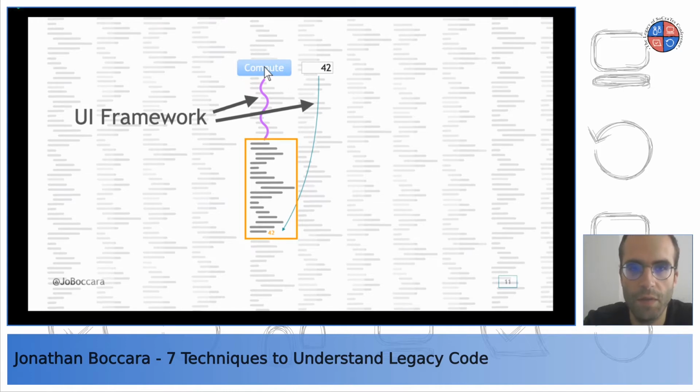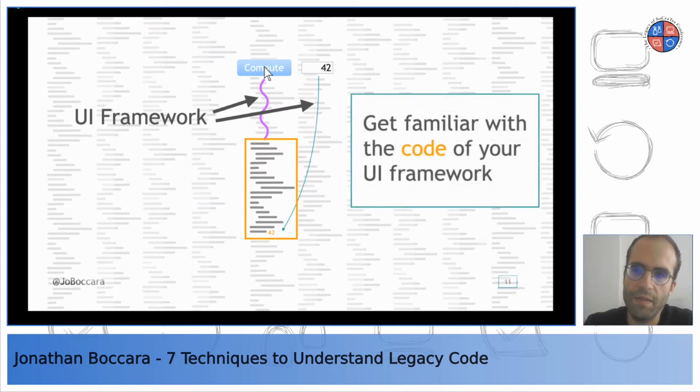So technique number one is to get familiar with the code of the framework, which means that given any UI event, like a click of a button, for example, you should be able to go all the way through the framework into the business code.